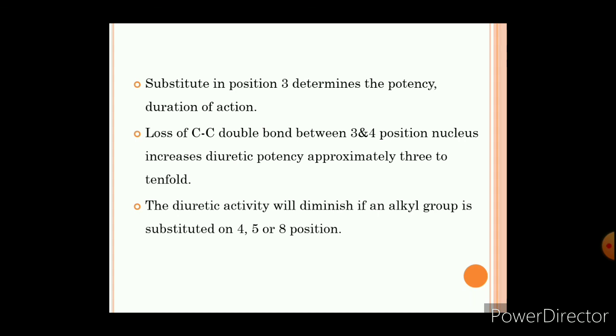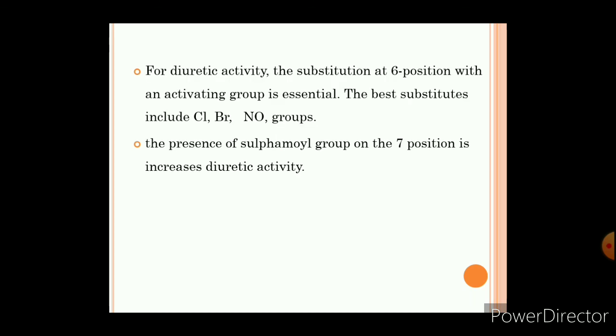The diuretic activity will diminish if an alkyl group is substituted at the 4th, 5th and 8th positions, meaning no substitution should occur there. If any substitution takes place at the 4th, 5th and 8th positions, it diminishes or destroys the activity of the diuretic.